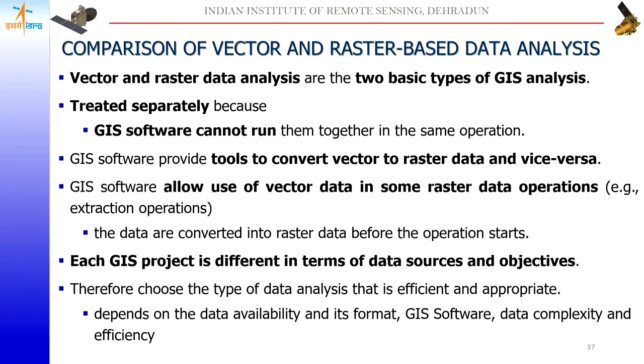Now the choice of vector or raster depends primarily on the GIS project per se, on the data availability, sources and objectives. But something also depends on the data that you have in hand and in which format it is, and then also, as I said, on the software capabilities. And something we also have to keep in mind when considering raster and vector formats is data complexity and efficiency.